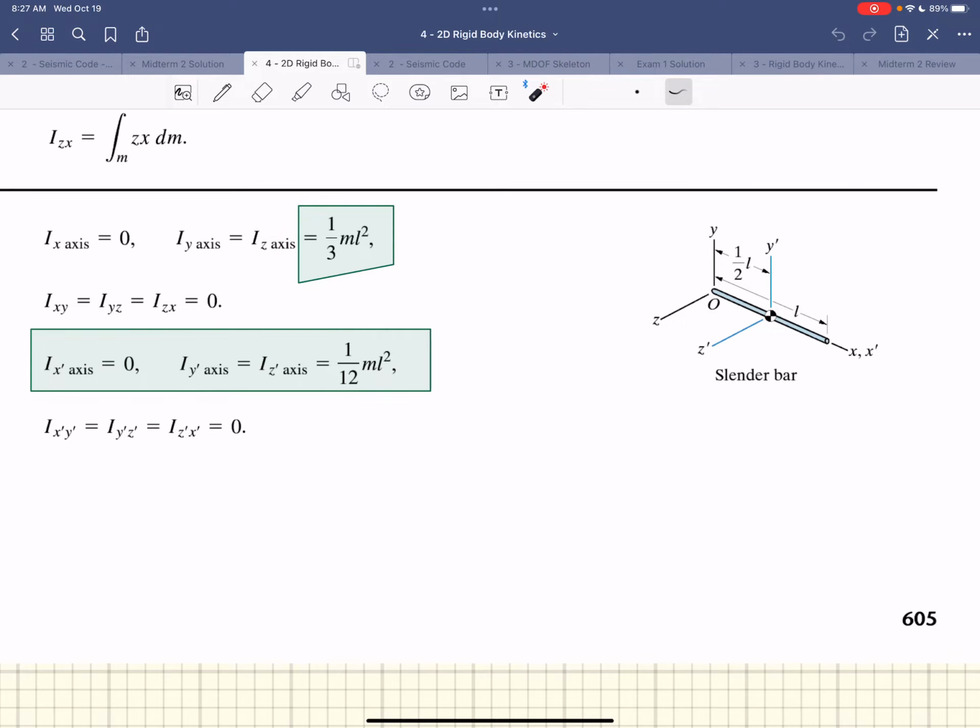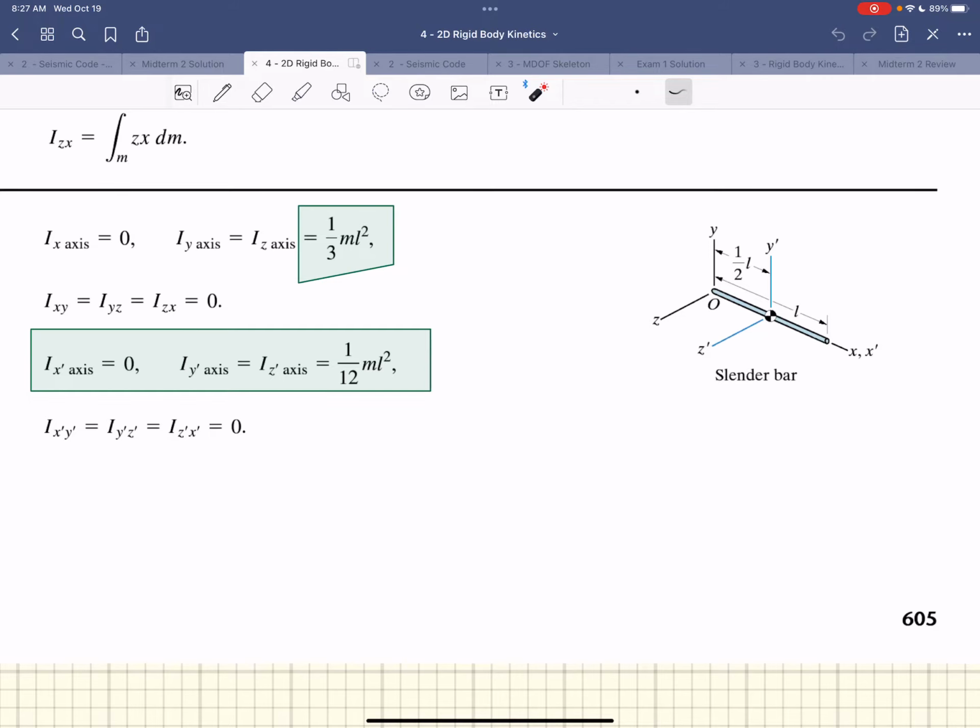So it is significantly higher, 4 times higher, rotating about its end versus around its middle, because the mass is more tightly distributed about the centroid and distributed farther out from the end. So you should have different moments of inertia associated with that.